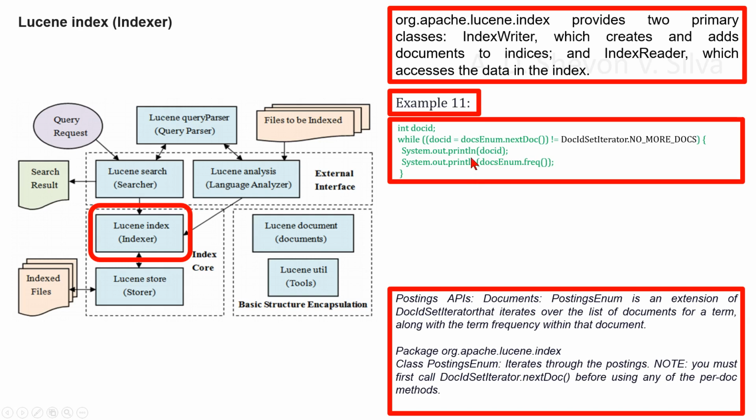Here the class PostingsEnum in package org.apache.lucene.index iterates through the postings. Note that you must first call the DocIdSetIterator method nextDoc before using any of the per-doc methods. PostingsEnum is an extension of DocIdSetIterator that iterates over the list of documents for a term along with the term frequency within that document.